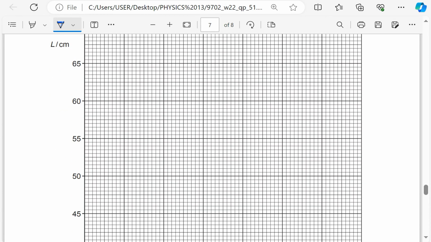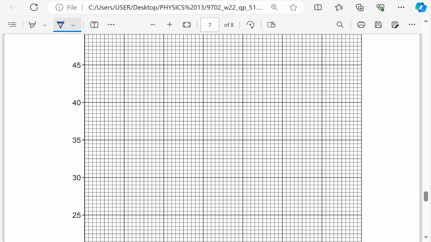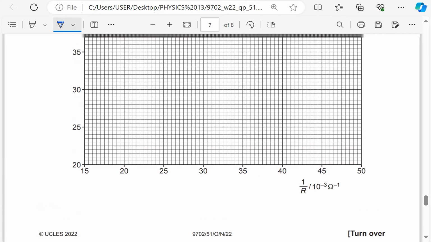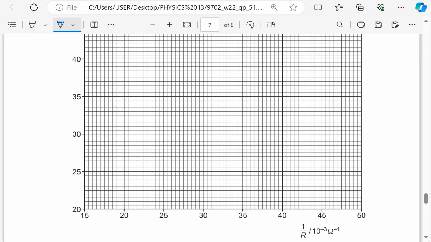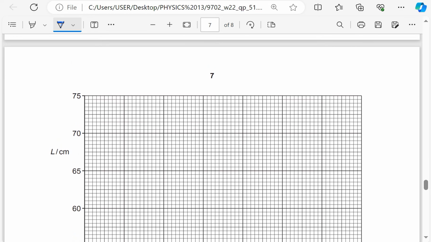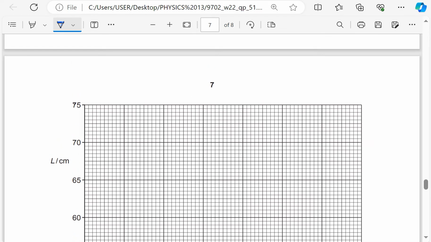The scale on the vertical axis: each box represents 25 minus 20, that is 5, divided by 10, 0.5. So each box represents 0.5. So 71 is going to be 2 boxes. So this is the point here. Put a small cross, and put a small circle.